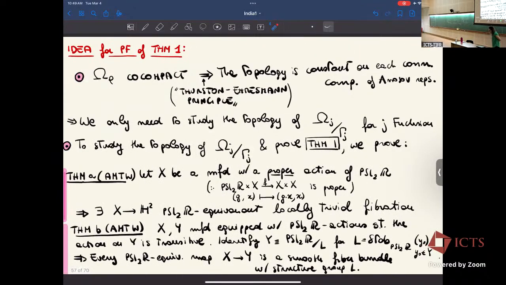And in order to prove that this quotient is a bundle, we use, I think this is the main theorem that we prove.